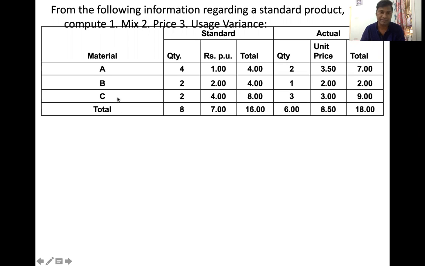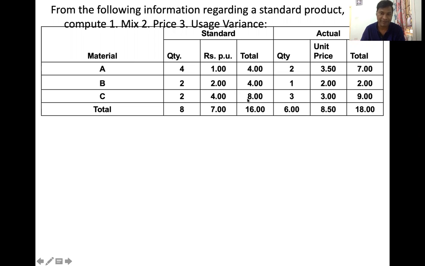Let's come to C. The standard consumption expected from material C is 2 units and each unit costs 4 rupees, so the total cost is 8 rupees.